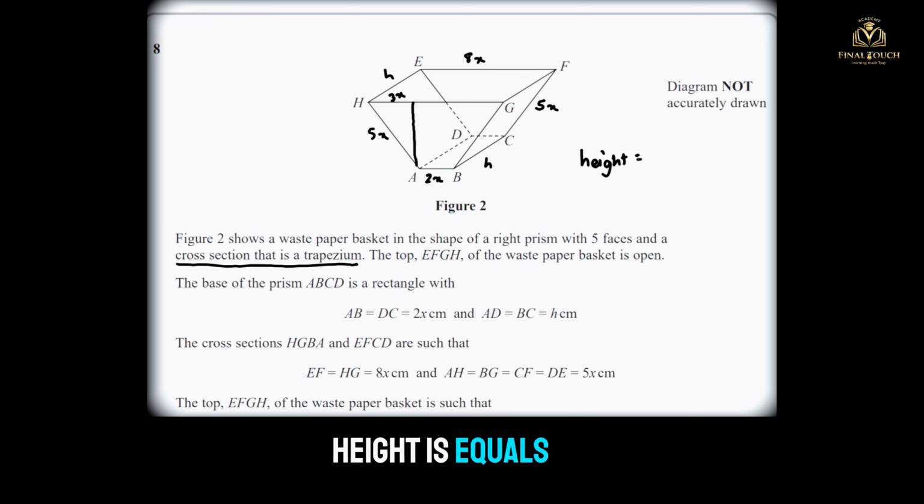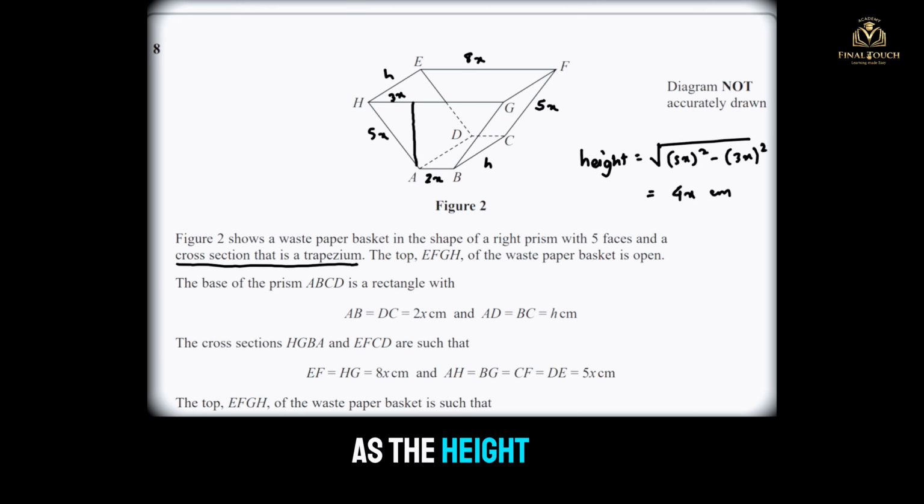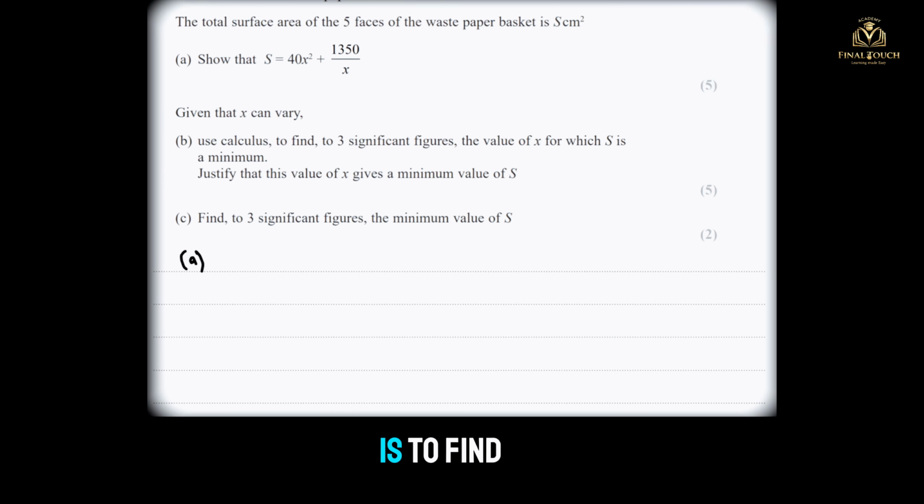Height is equal to the square root of 5x whole squared, since this is the hypotenuse, minus the adjacent, which is 3x whole squared. So we will end up with 4x centimeters as the height. Okay. So the next step is to find the volume of this three-dimensional trapezium. We know the cross-sectional area of a trapezium is half into a plus b into h.